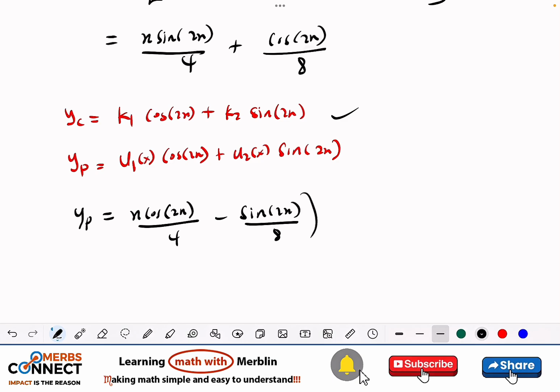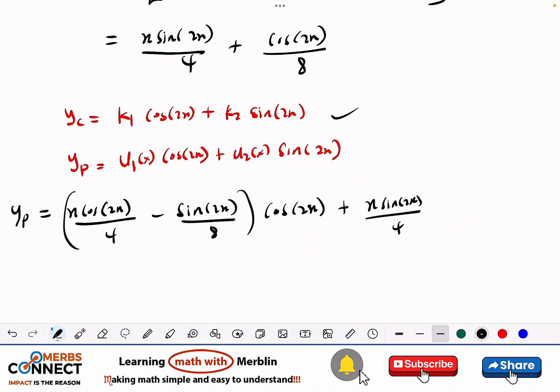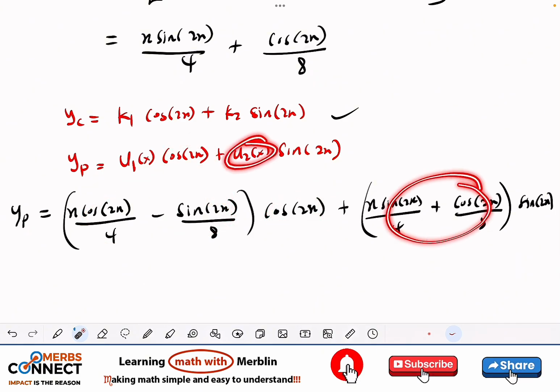Then I'll multiply by cos 2x, then plus u2, what we had here, sine 2x divided by 4 plus cos 2x divided by 8 times sine 2x. So this is u1 times cos, and then this is u2 times sine.